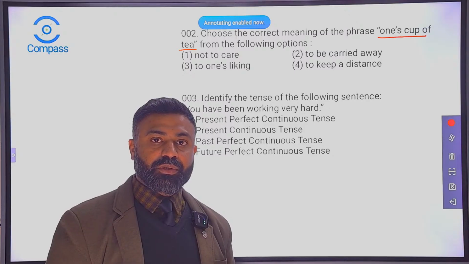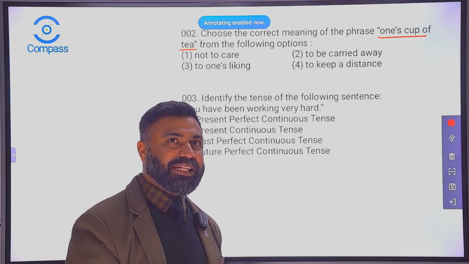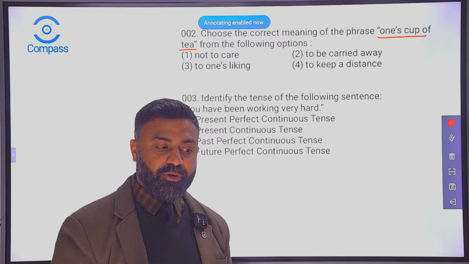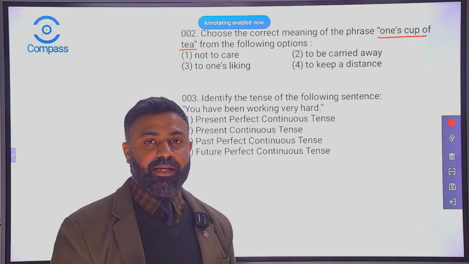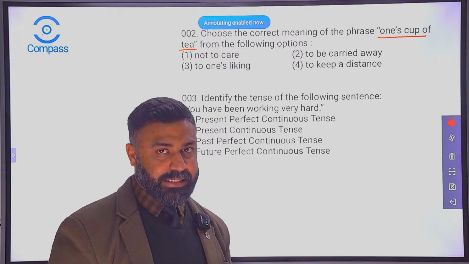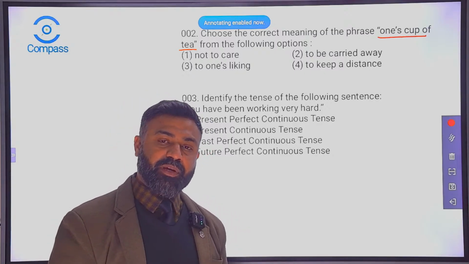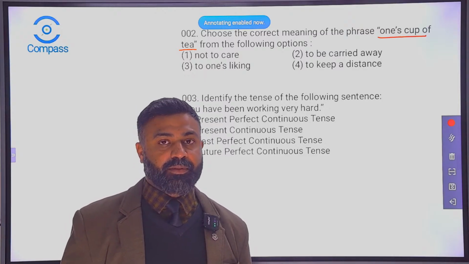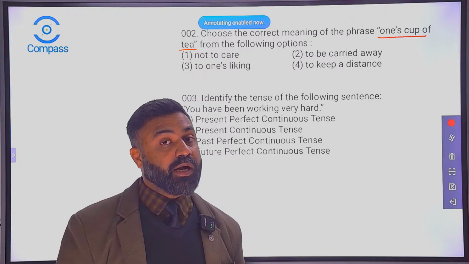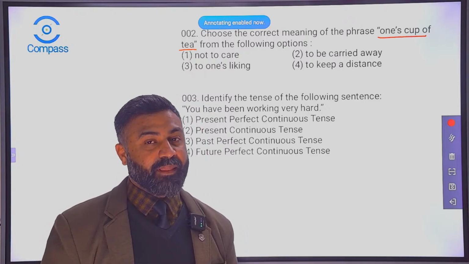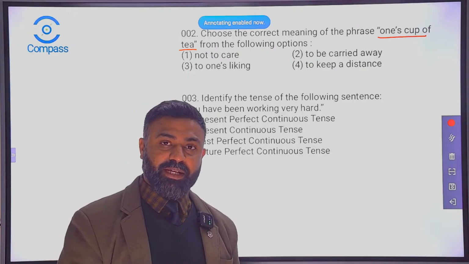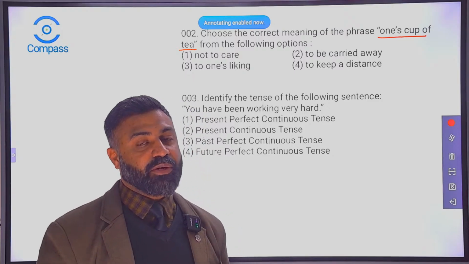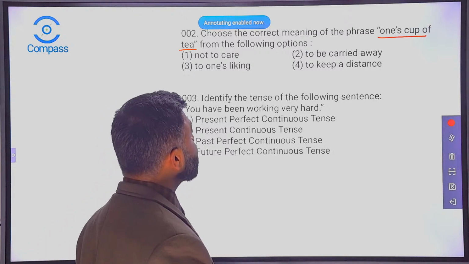You should take a set of 10 words in a day: 10 synonyms, 10 antonyms, or 10 phrasal verbs, 10 idioms, something like that. This way you will be able to cover a whole range of vocabulary. Otherwise, it is not possible to mug up the whole thing in a day, so you can divide it in a ratio of 10, and that's how you can begin with it. All right, so let's come back.